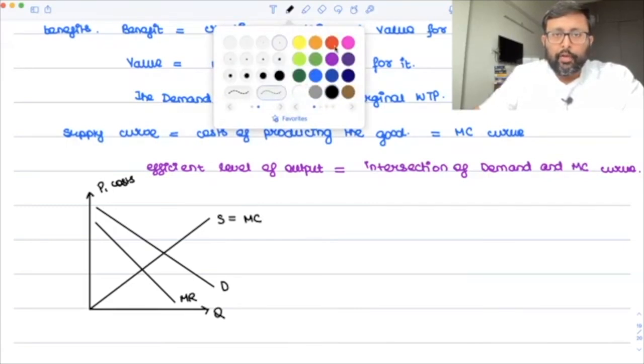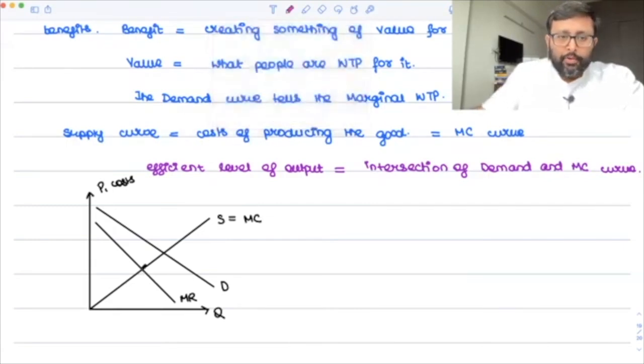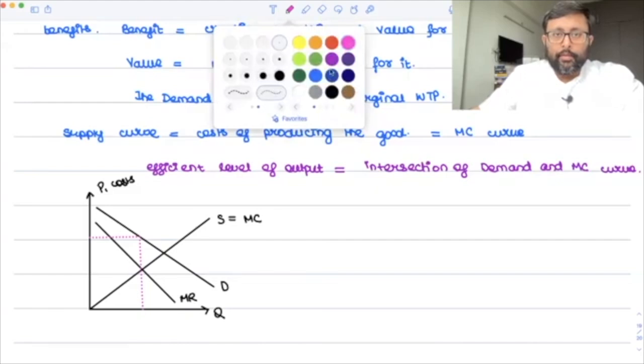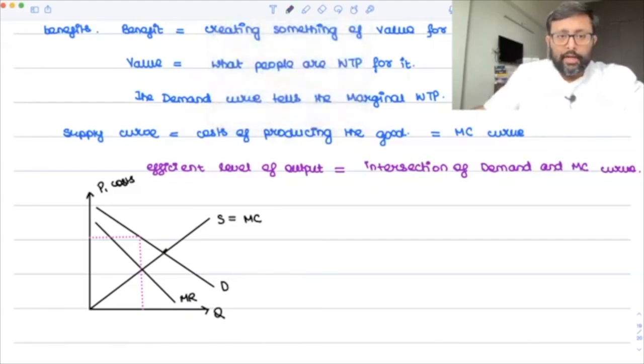Well, the monopolist is going to produce at the point where MR is equal to MC. Right, at this point. And it is going to charge this price. While the competitive outcome is going to be where supply is equal to demand, and this is going to be the price.